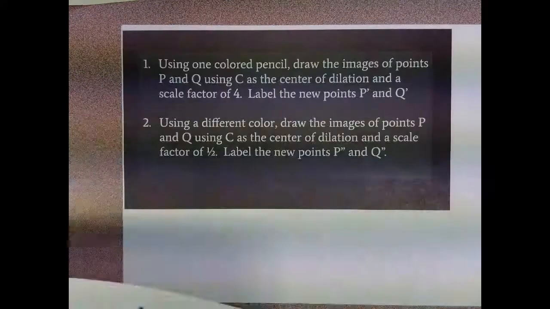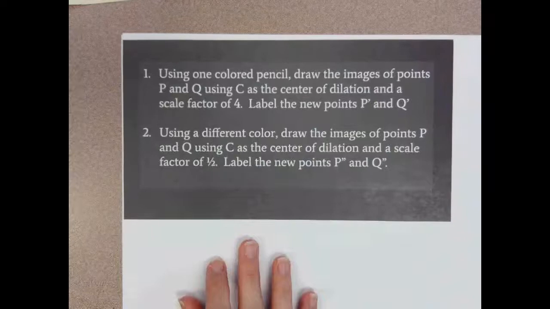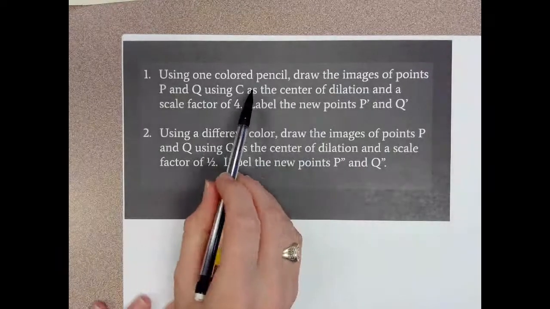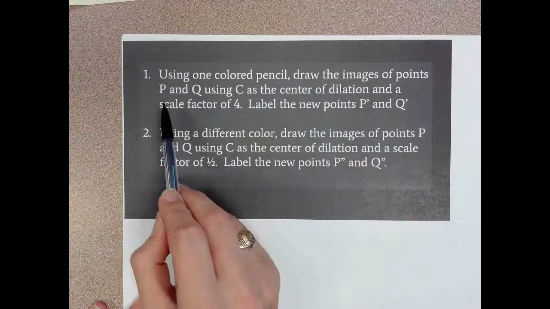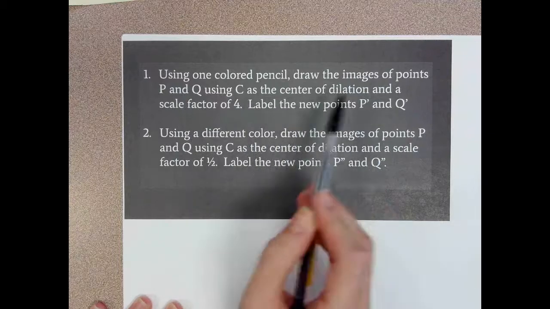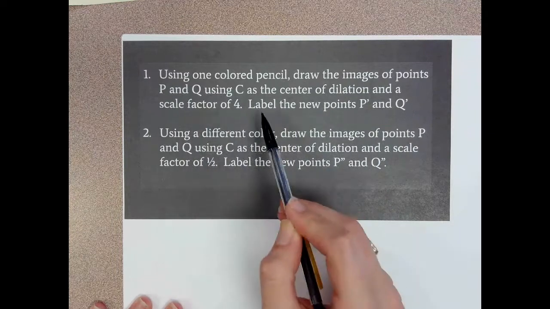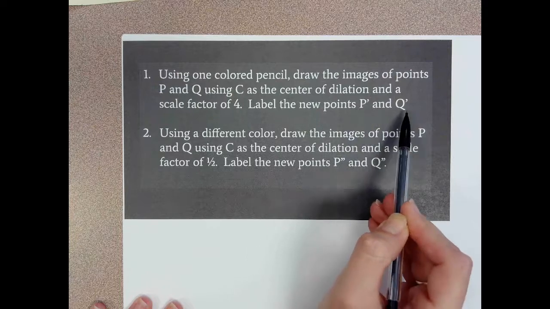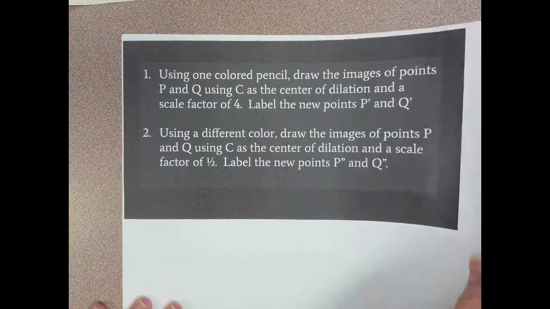Here are the directions. Using one colored pencil, draw the images of points P and Q using C as the center of dilation and a scale factor of 4. Label the new points P prime and Q prime. We're going to do that first.